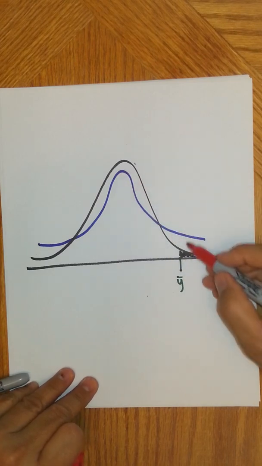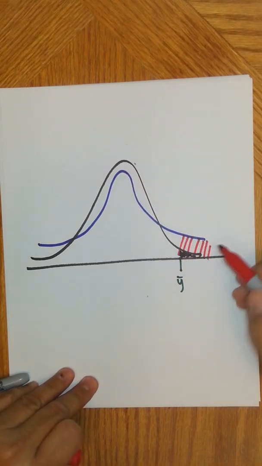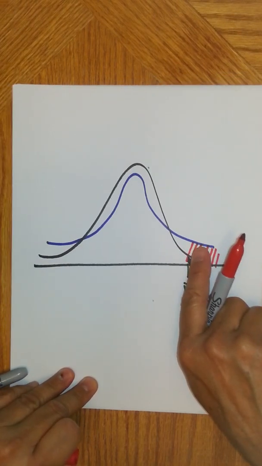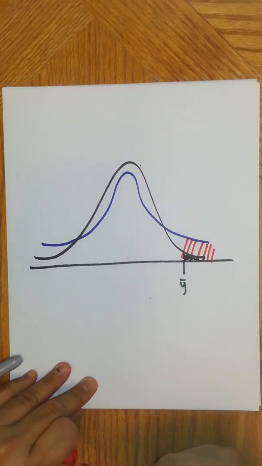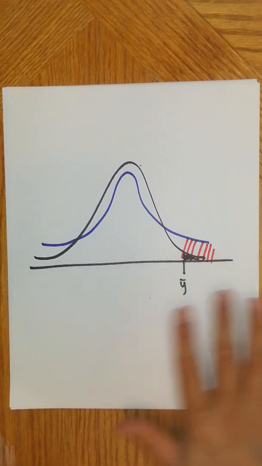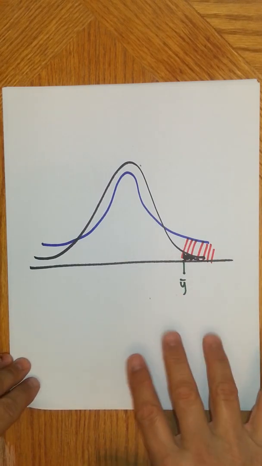However, with a t-distribution, look at how much more likely it is, the chances that that sample mean will be quite a bit further from the mean. So there's a lot more variability. There's a lot more variability with these t-distributions.